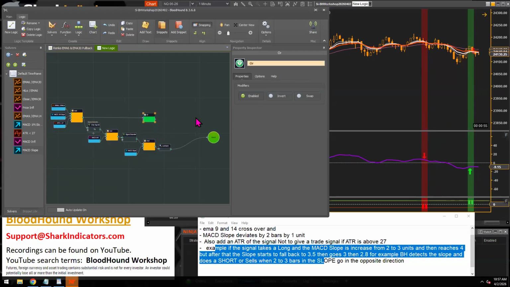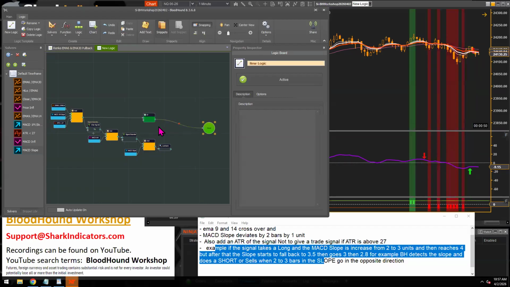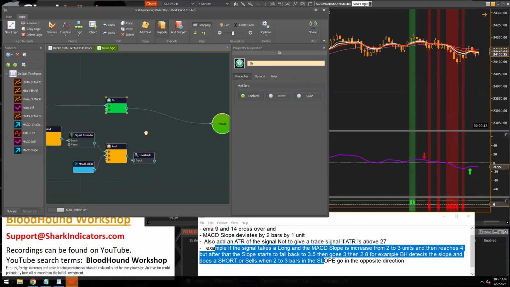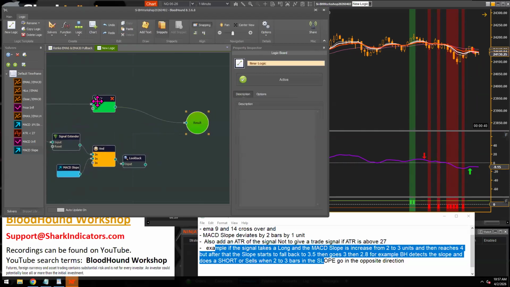Plug that in. So with this OR node selected, I'm going to go to the Options tab, and I'm going to reduce the output here.